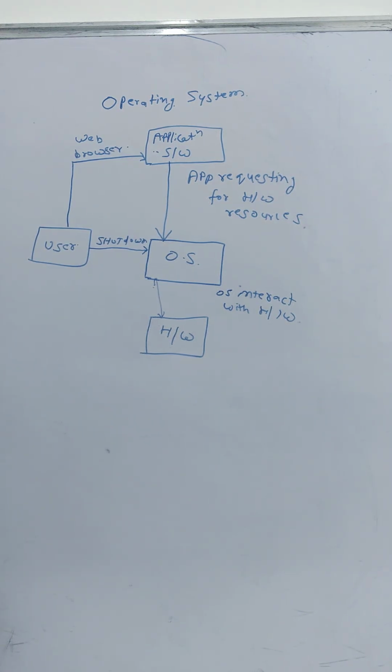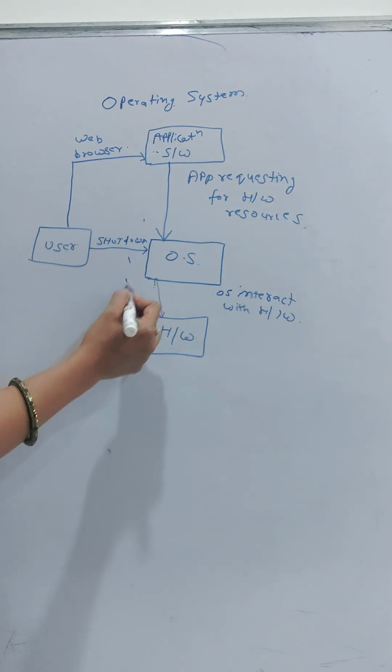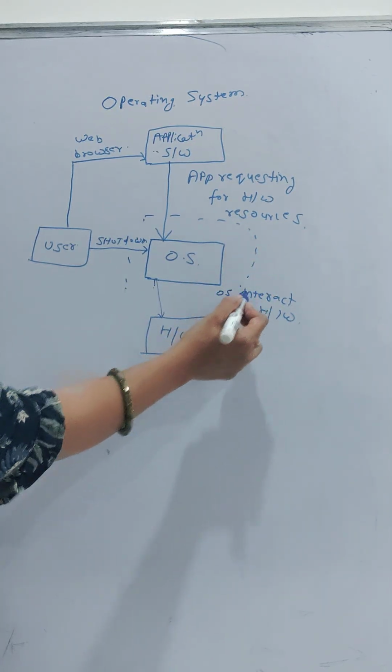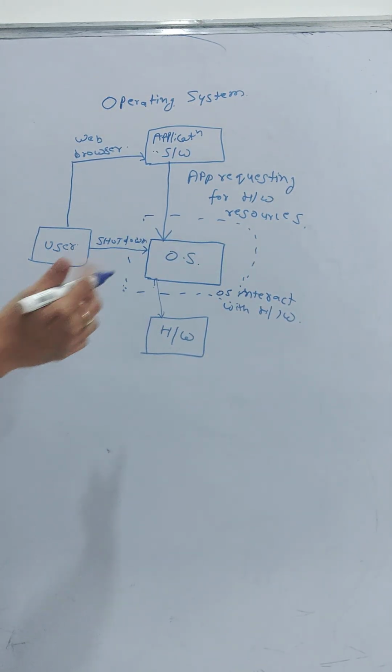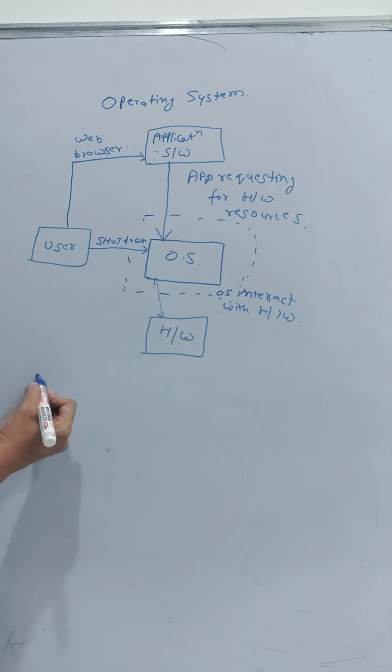Now I will tell the flow how operating system is loaded from hard disk to main memory. So this area is main memory. Okay. So operating system is generally stored in the hard disk. Okay. So we have one small chip called BIOS.